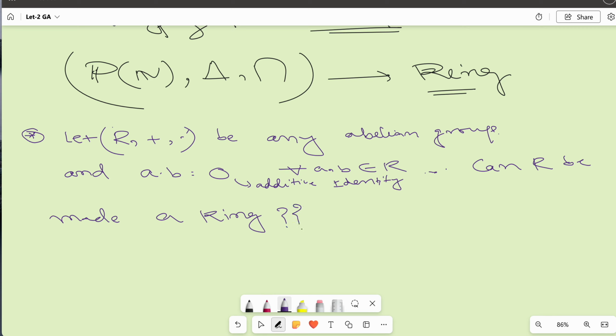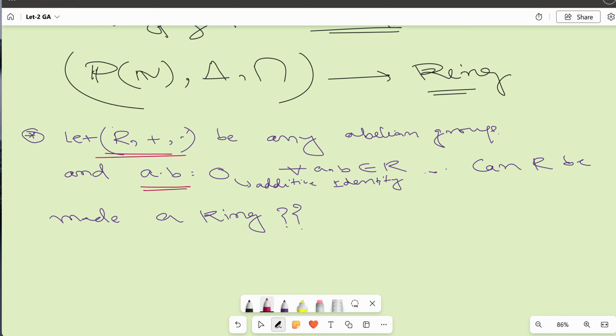Let R plus be any abelian group, and you have an operation A dot B equals 0, that means the additive identity. So can you give a ring structure on R? If you can, what will be the addition, what will be the multiplication?